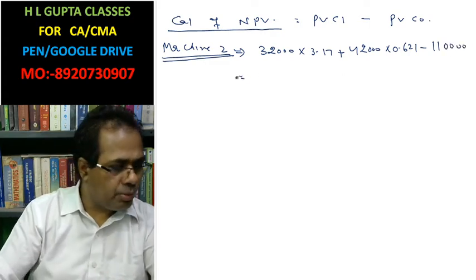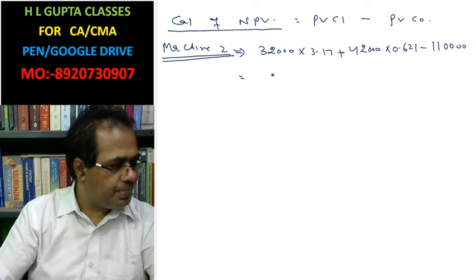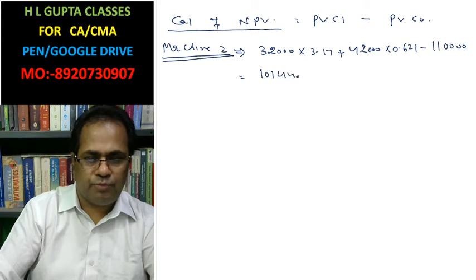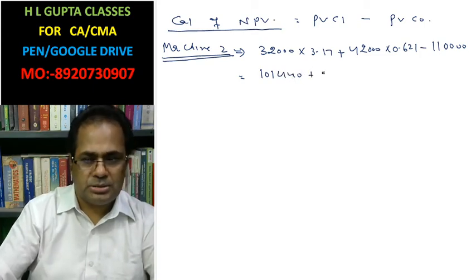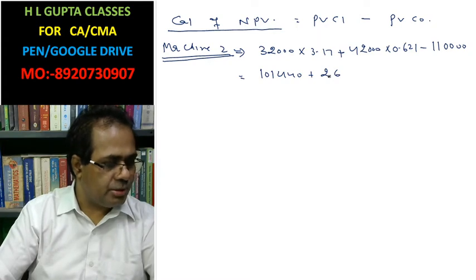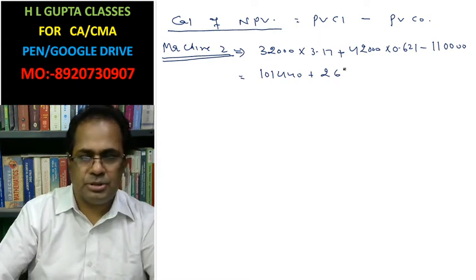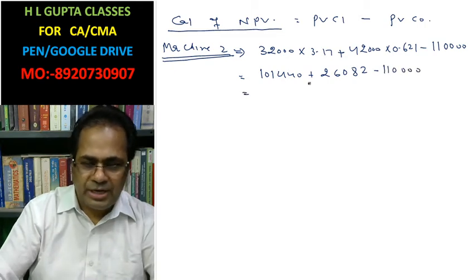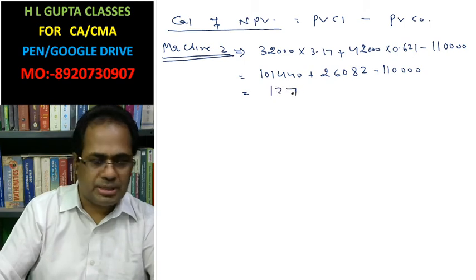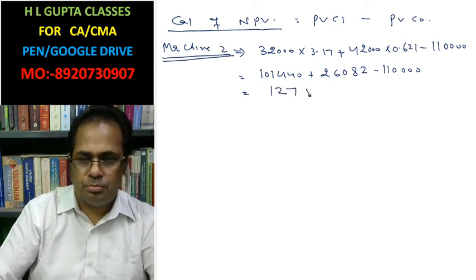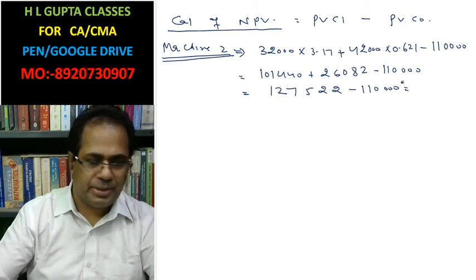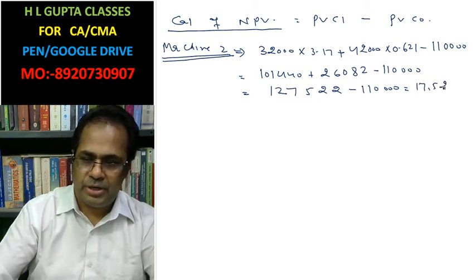Then what will be 101,440 plus 26,082 minus 1,10,000. After adding these two, 1,27,522 minus 1,10,000. This is the net present value in this case, 17,522.